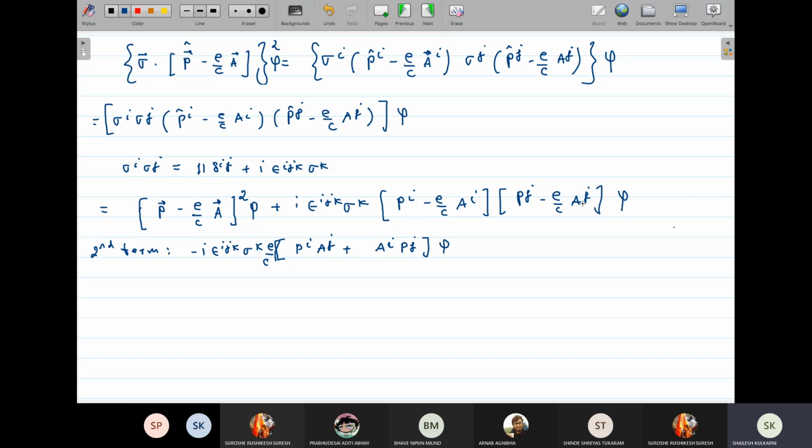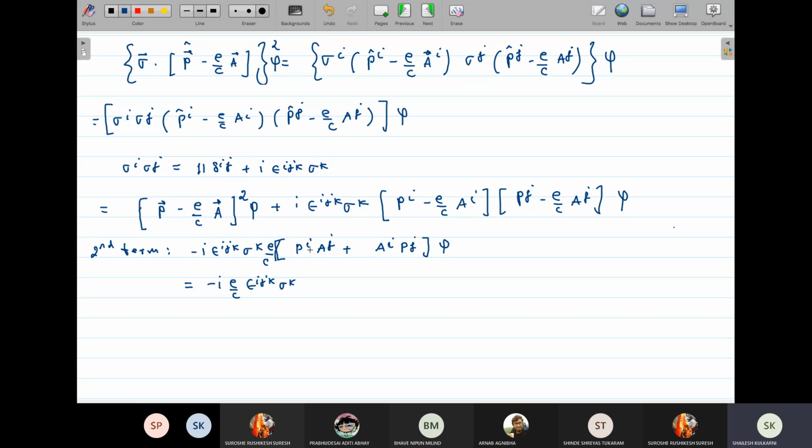With the minus e by c factor, this is equal to minus i e by c epsilon_ijk sigma_k, p_i A_j acting on phi.